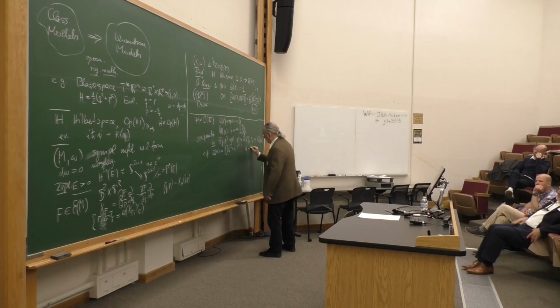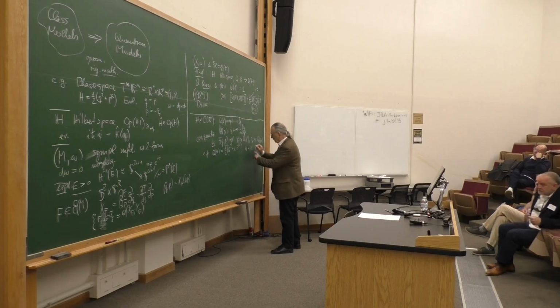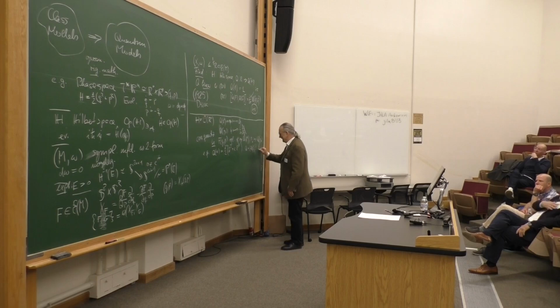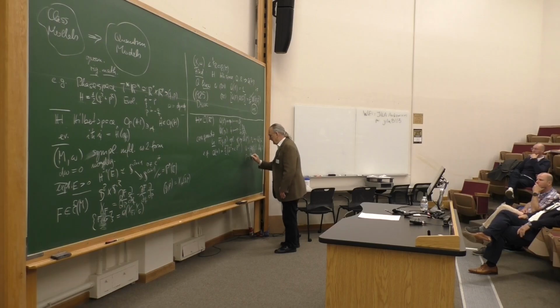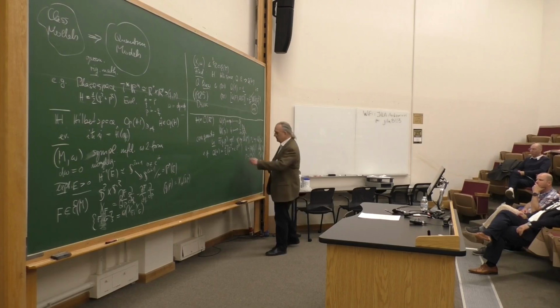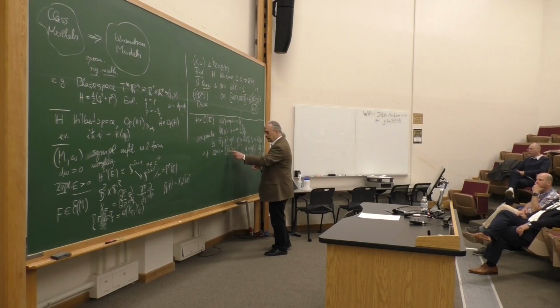Q is Q1, and P is P1 up to PN. So this is just multiplication.